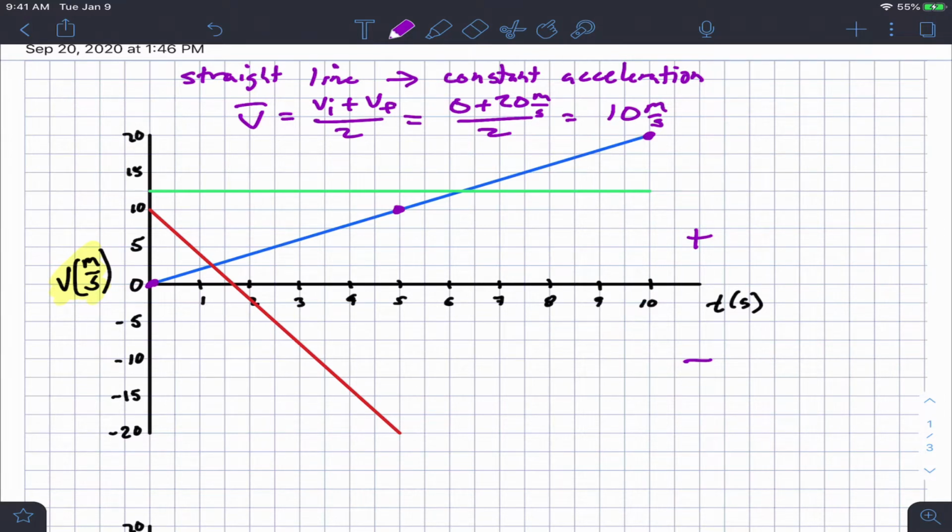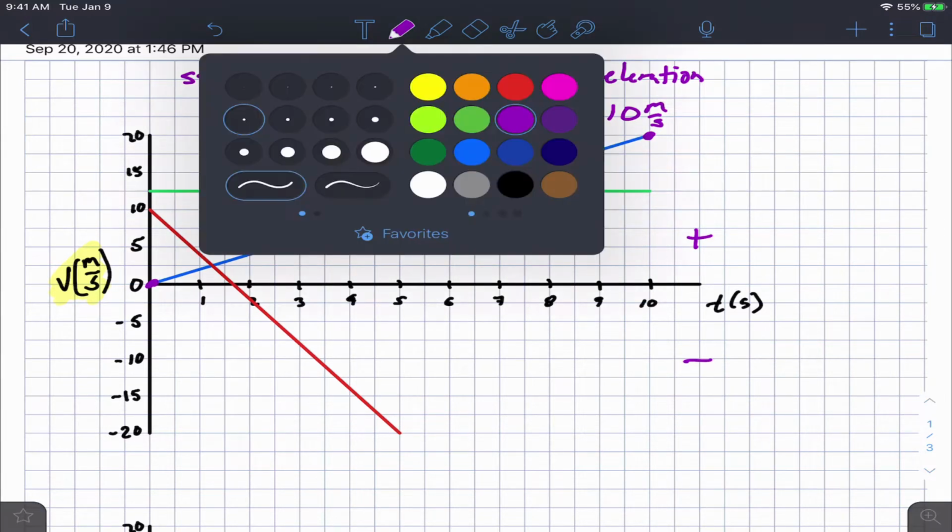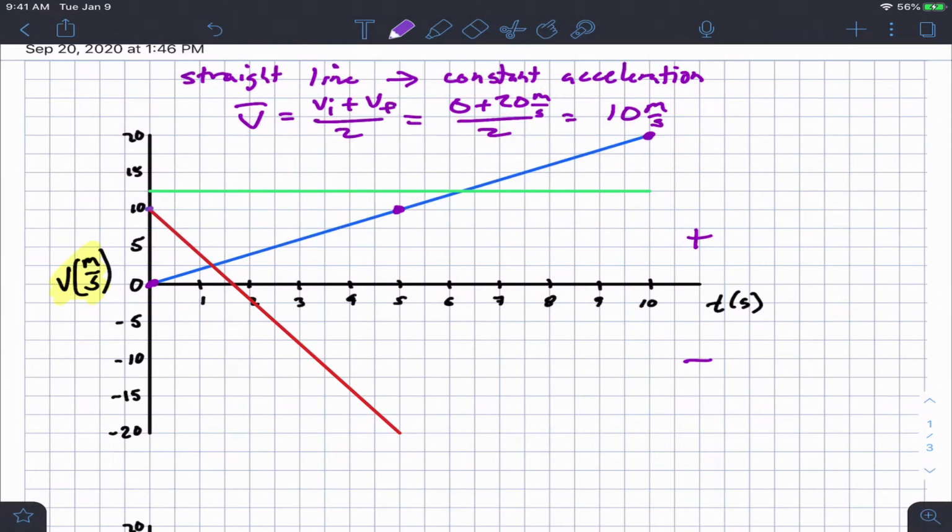We can do the same thing here with the red one. And the red one, we'll just use this purple. It starts at 10. So initial velocity is 10 meters per second. Final velocity is negative 20 meters per second. And it doesn't matter that it took 5 seconds instead of 10 seconds.